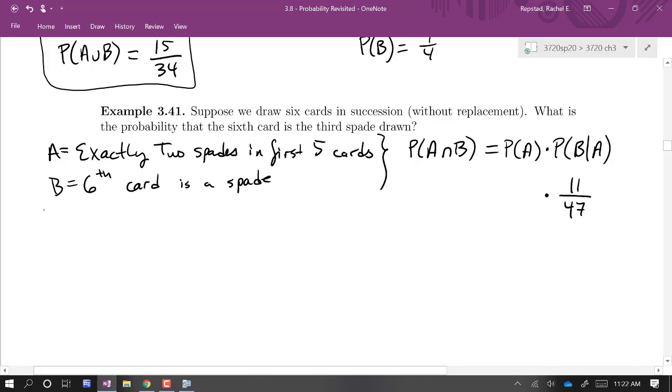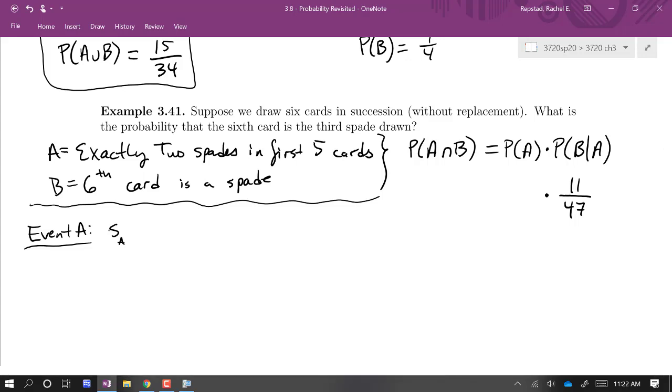We're going to work a little bit to figure out the probability of A. So let's talk about the event A. The sample space for this event, I'll call it S sub A, is all the ways I can draw 5 cards from 52 cards. And we're pretty familiar with this. This is 52 choose 5.